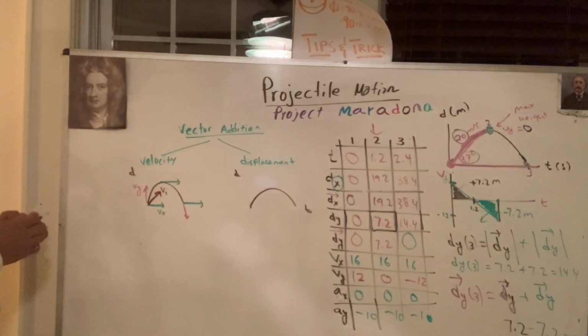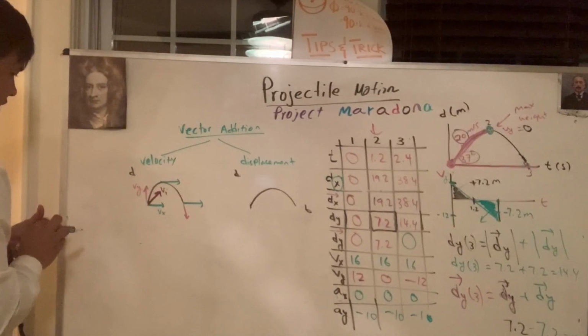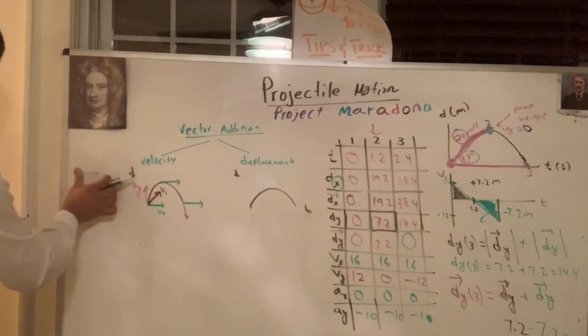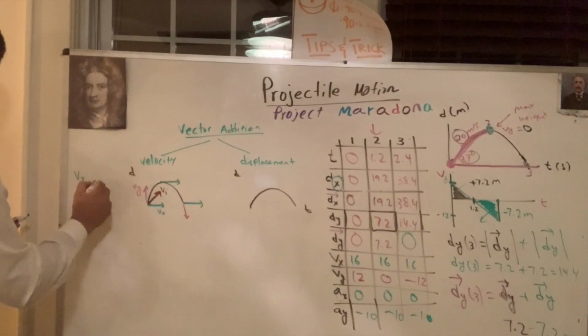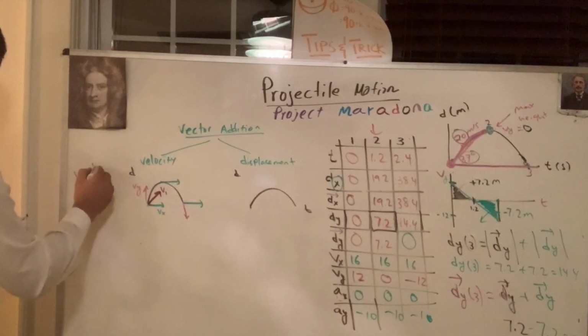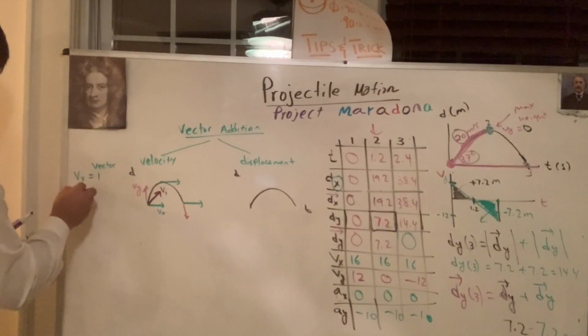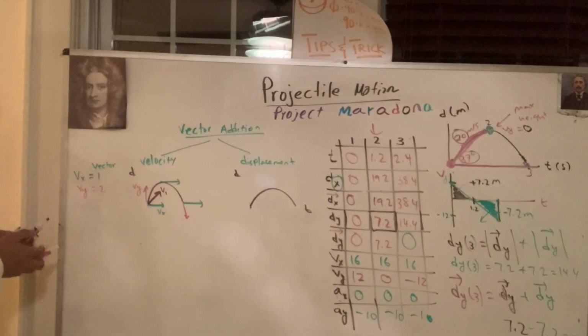All right. So I'm going to call it vector 1, 2, and 3. So Vx, I'm going to call it vector 1. Vy, I'm going to call vector 2.